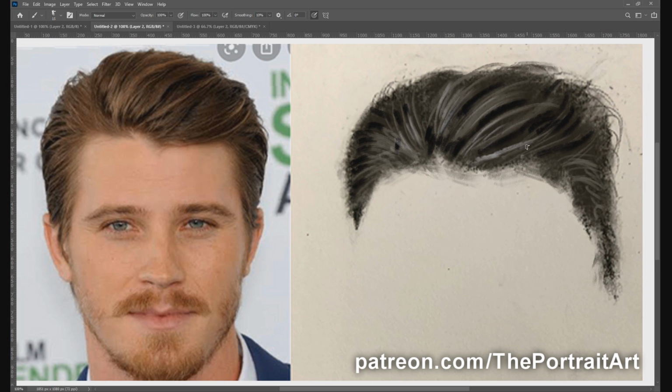So yeah, you did a great job with the hair. I feel like the problem was just you didn't have the right tools, so the eraser couldn't do this job as well as you'd like.